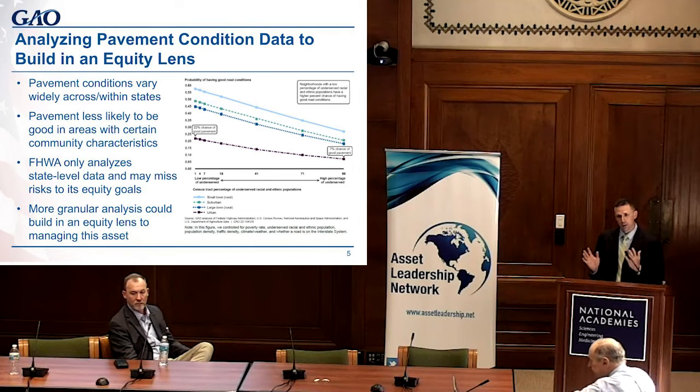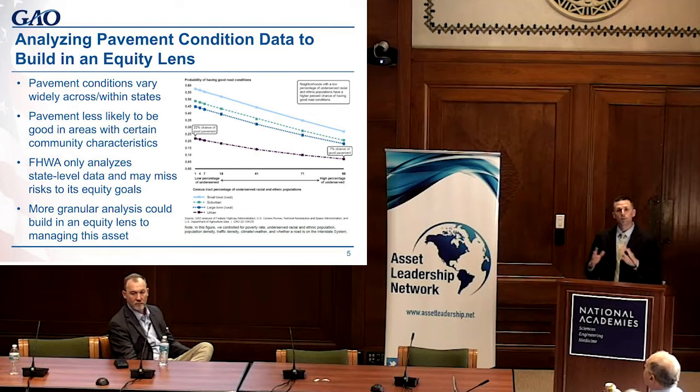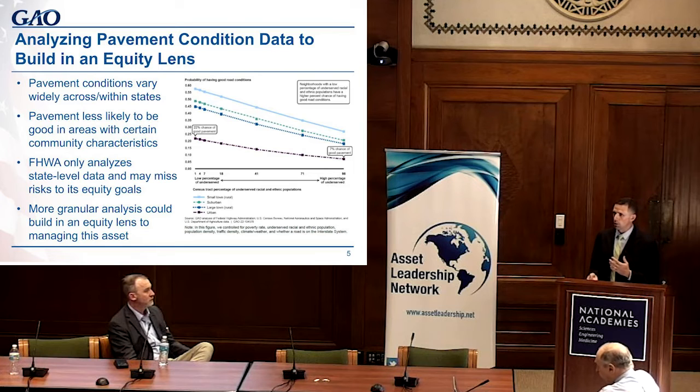And then FHWA will assess that data and say, overall, aggregate for the state, what's the condition of the roadways? If more than 5% of roadways are designated as poor condition, then that has some impact on fencing off certain federal funds to get that issue under control. But it's done at a statewide level.